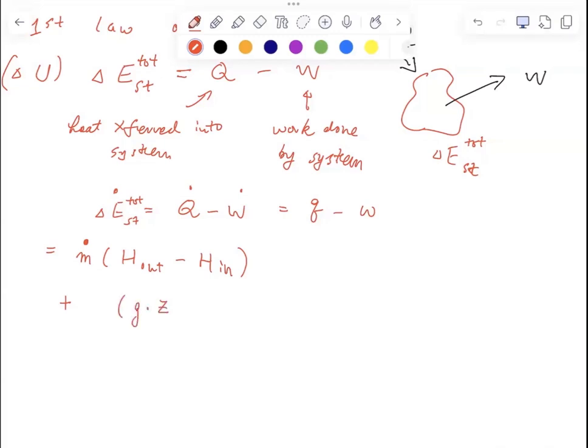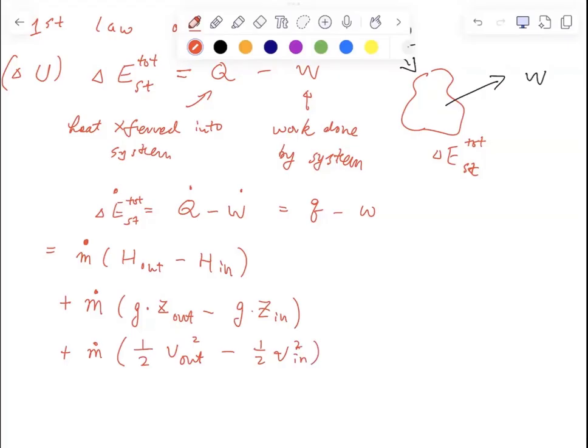The g is the acceleration on the Earth, and the z is height. It is the height at the exit of the system minus the height at the inlet of the system, multiplied by the mass flow rate. The last one is the kinetic energy, the mass flow rate times half of the velocity squared at the outlet minus the velocity squared at the inlet.